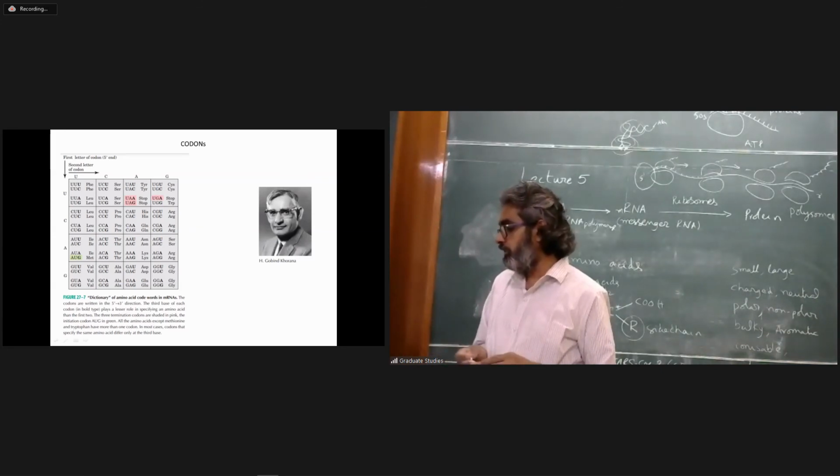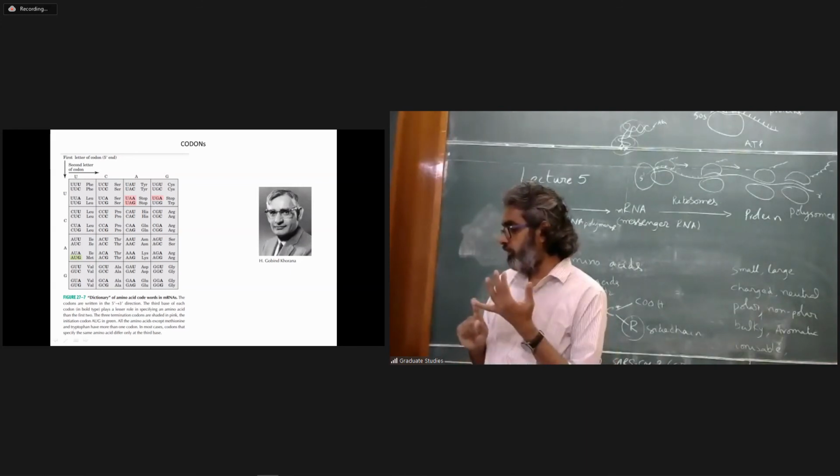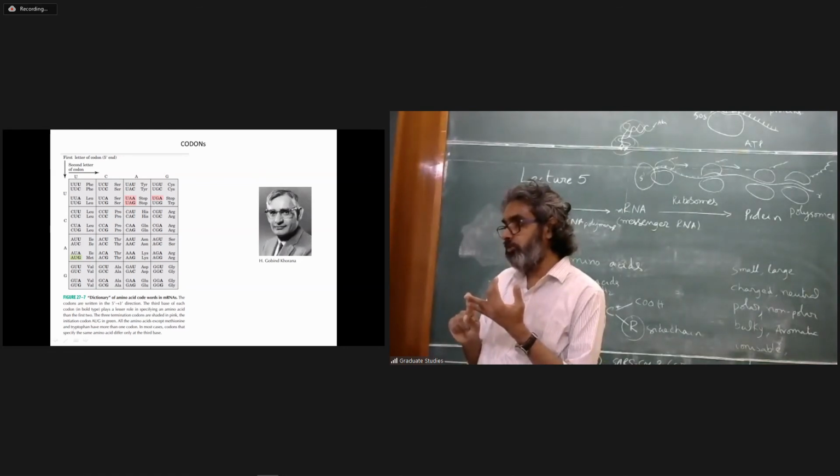So we are using triplet codons. One is not enough because then you will have only 4 amino acids. Two are also not rich enough. If we use only 2, then 4 into 4, 16 varieties of couplets.